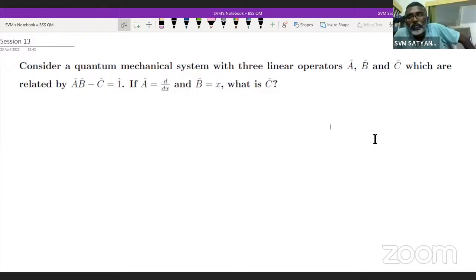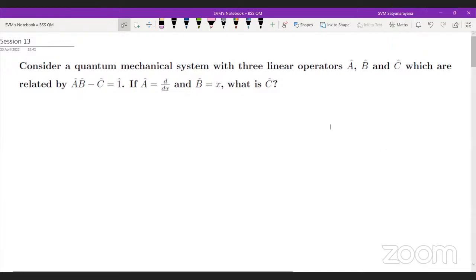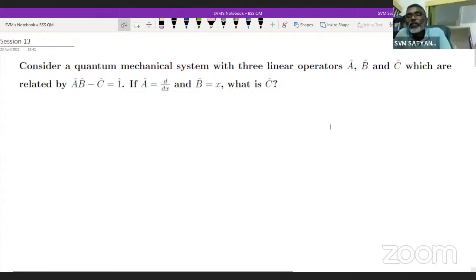Okay. Pandya Rajan, do you have some idea? No idea, sir.